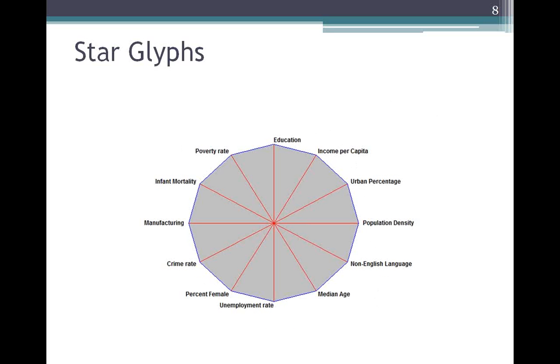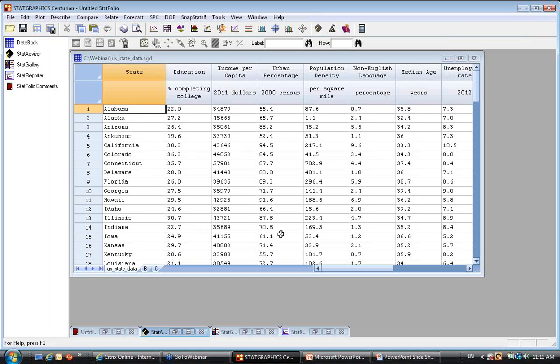So if you look, for example, at the 12 o'clock position here, where you see education, a state that was at the median value for education would only come out to about here. If education was quite small, it wouldn't come out very far at all. It's a very nice procedure for being able to demonstrate, on a case-by-case basis, the value of multiple variables.